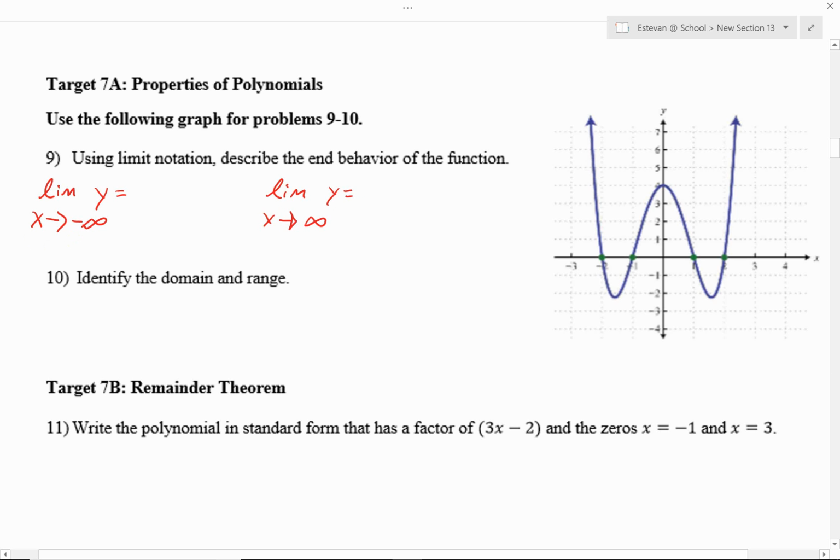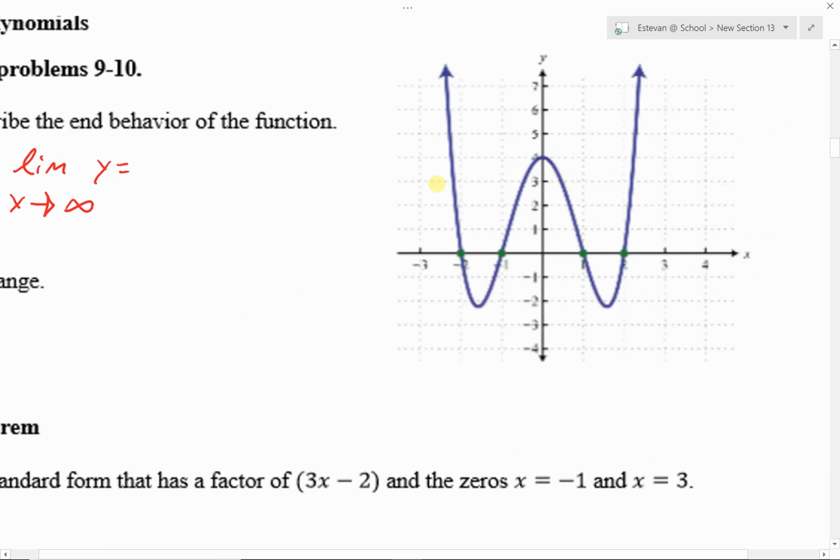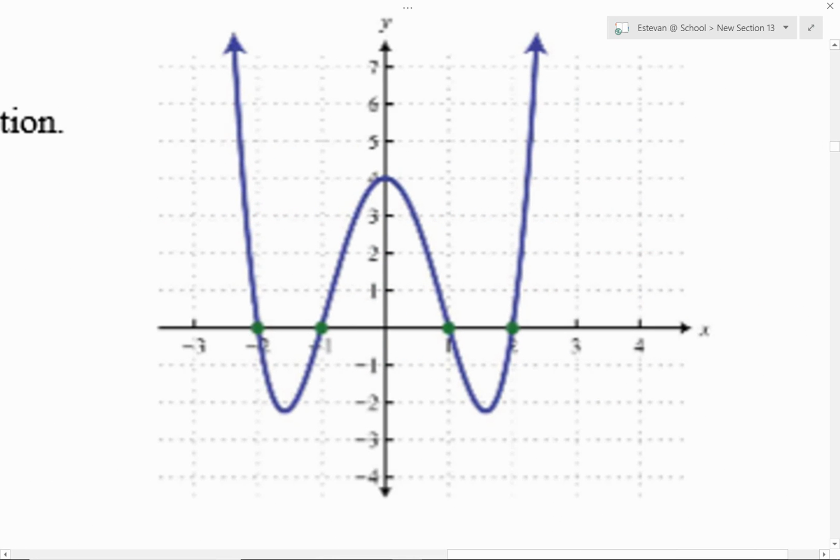So as x approaches negative infinity, if you look at the graph, as x goes to negative infinity, which your x value starts to go to the negative side, what direction does your y value tend towards? Well, the farther I head left, you see here, my graph goes down, but the farther I get left, it starts to increase.